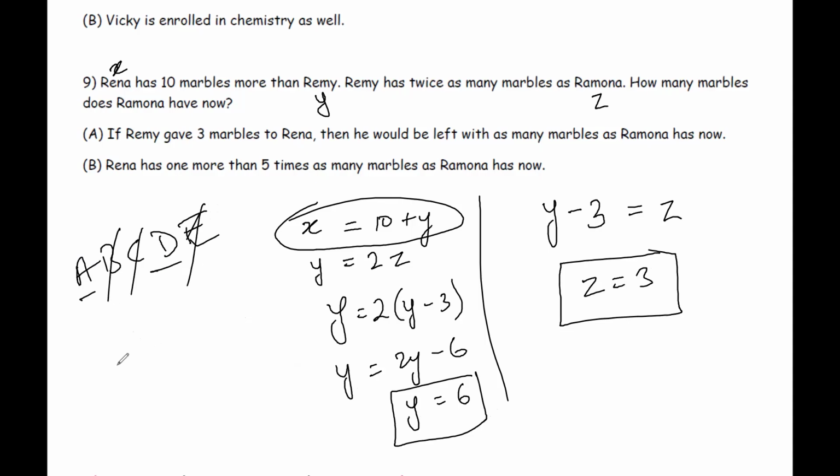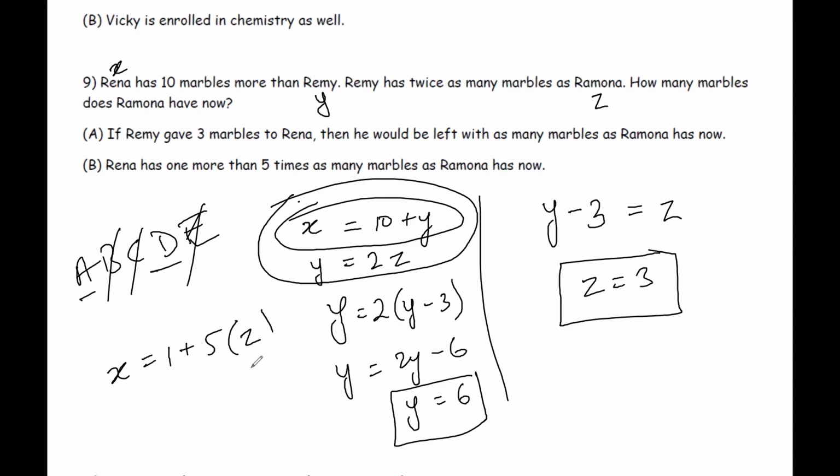Second statement, right? Now remember, this is already with us from the questions now. Rena has one more than 5 times as many marbles as Ramona has now. Correct? So then this we can plug in here.